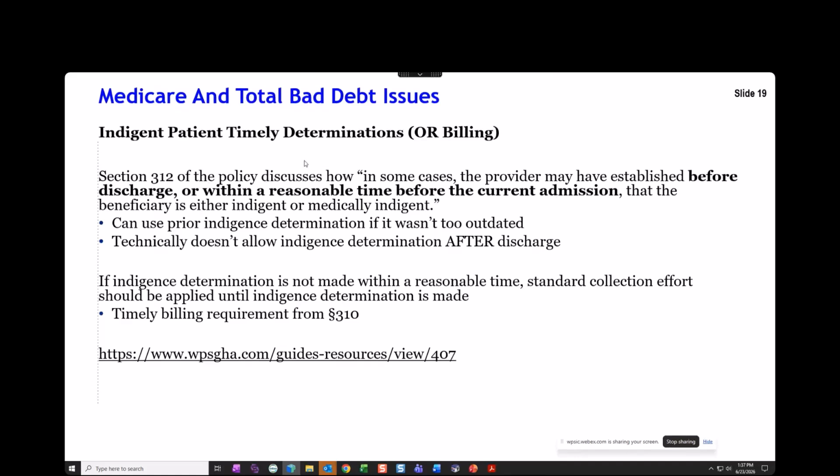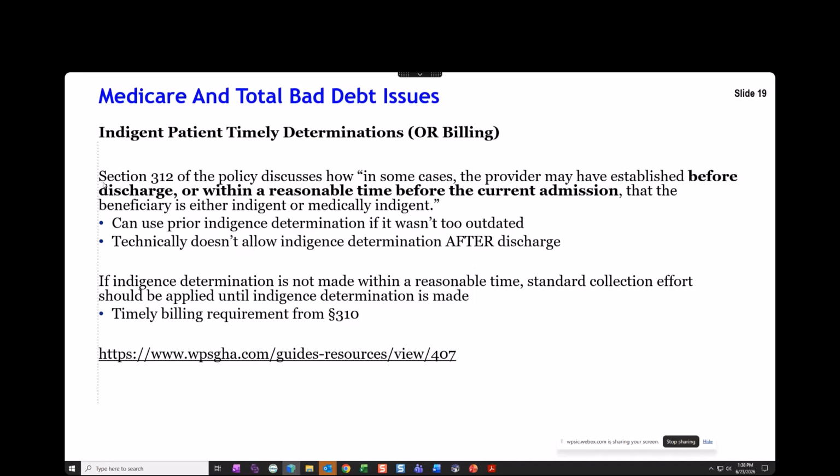The topic we're talking about now is all about a timely determination of indigence. This is one thing I wish CMS would have clarified in the final rule, but they left out. So we're left with just policy now on the timing of indigence.